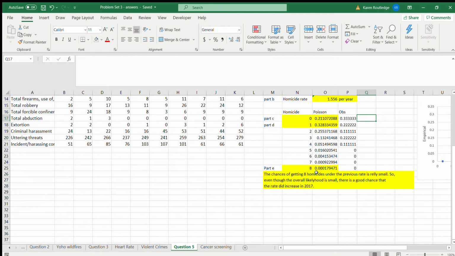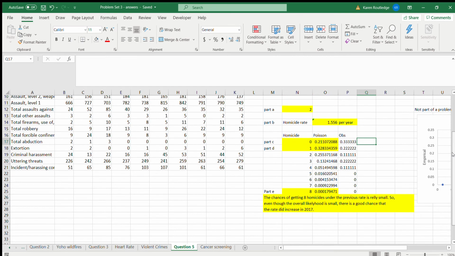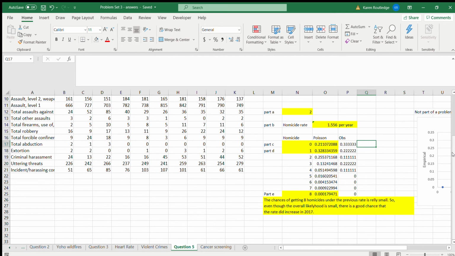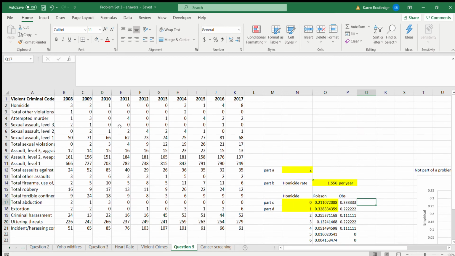We then jump to part E, which asks in kind of a roundabout way with this RCMP question. So if we go back to the original data, we see prior to 2017, we have relatively few homicides, so 4 is our maximum value. And then in 2017, we get 8 homicides. So the question was supposed to get you thinking.